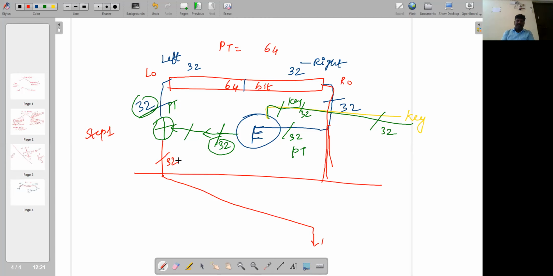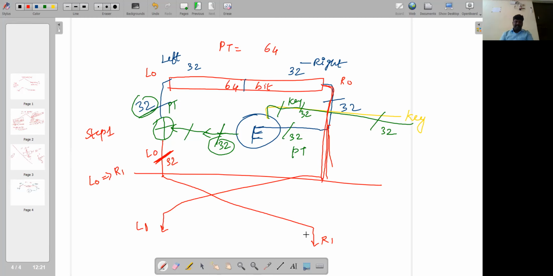Now here the left L0 will become the right half after processing, and whatever the output you are getting will become the right value, and whatever value is present in the right half will become the left value. Is it clear now?